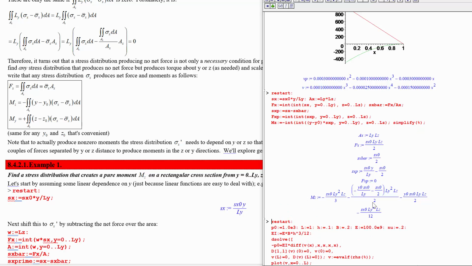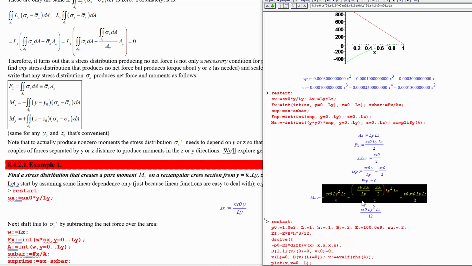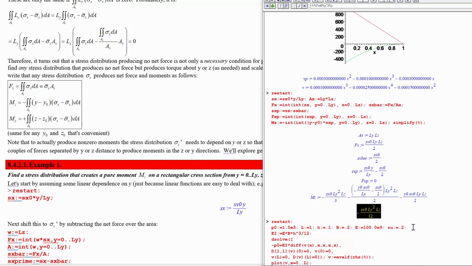No, Ly or y naught is gone. It cancels out in this setup, and we have a moment produced, which is negative Sx naught Ly squared Lz over 12.